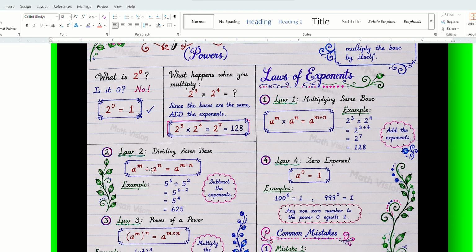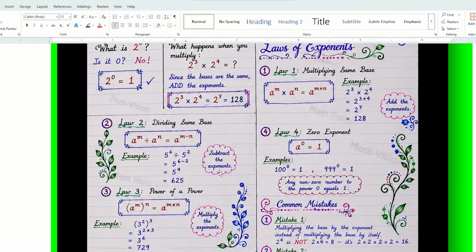For example, 5 raised to power 6 divided by 5 raised to power 2. In division, subtract exponents. 6 minus 2 is 4. 5 raised to power 4, 5 multiplied 4 times, equals 625.